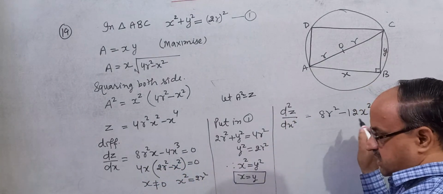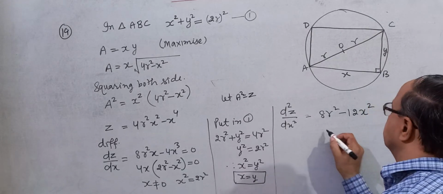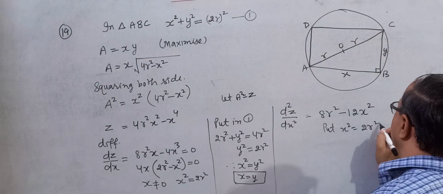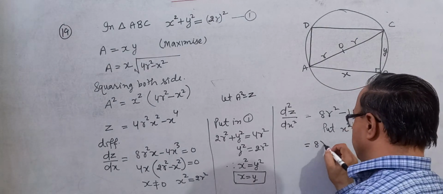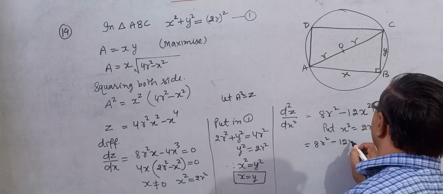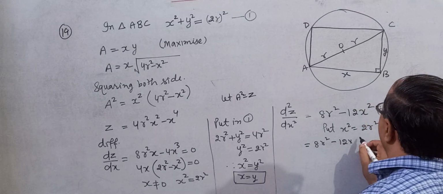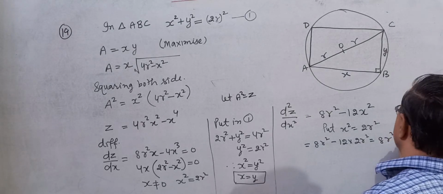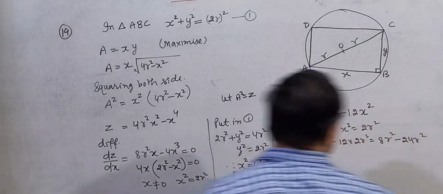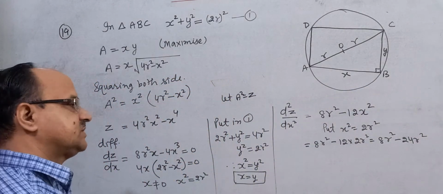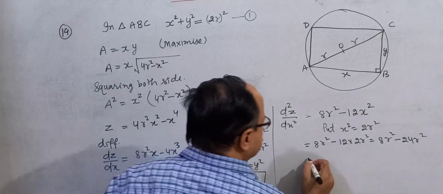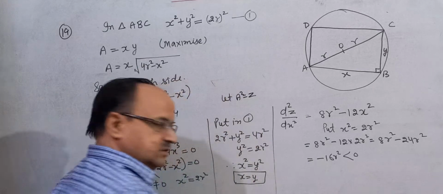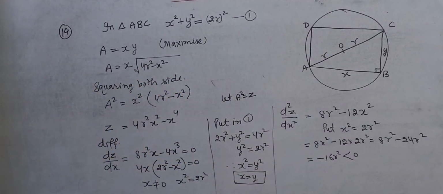In this put x square is equal to 2r square. Therefore 8r square minus 12 into 2r square. 8r square minus 24r square, that is equal to minus 16r square, which is less than 0.